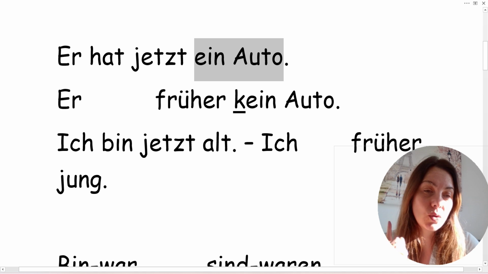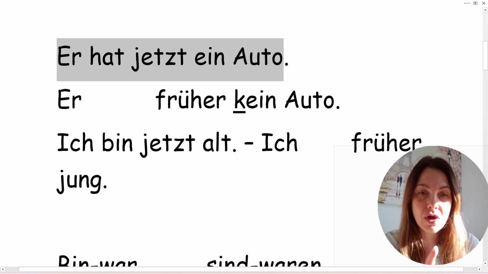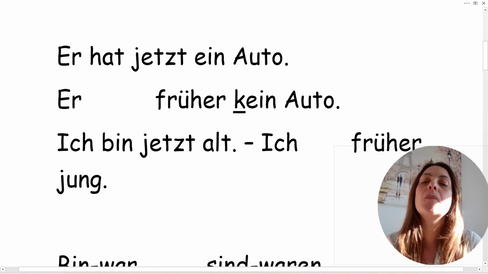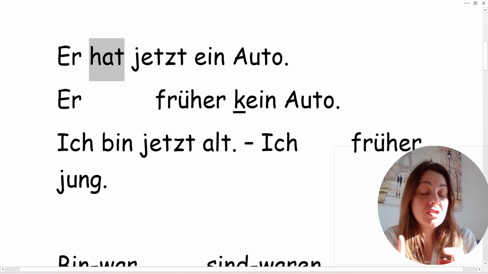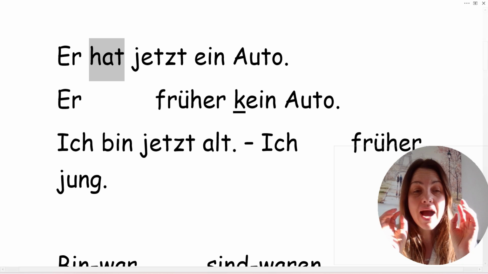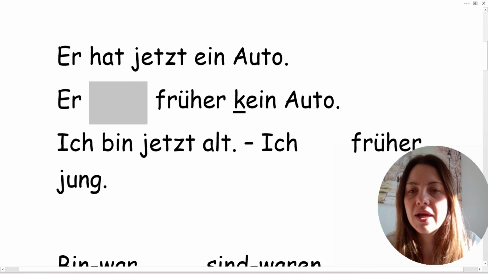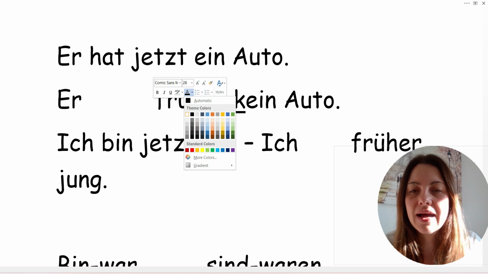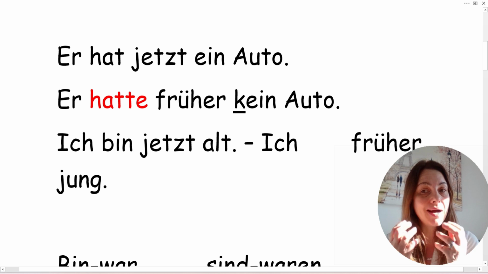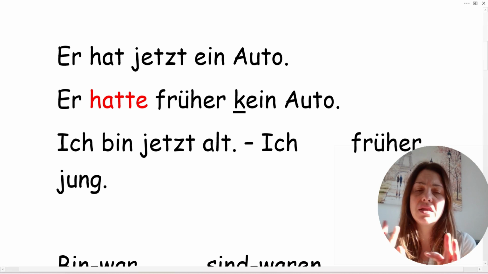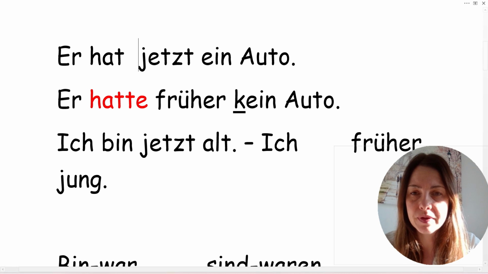So the only thing we need to put this sentence, hat jetzt ein Auto, into past tense is the Präteritum, let's say just past tense, of the verb haben. And that's hatte. So: hatte früher kein Auto. Hat jetzt ein Auto. Hatte früher kein Auto. So just watch this perfection.